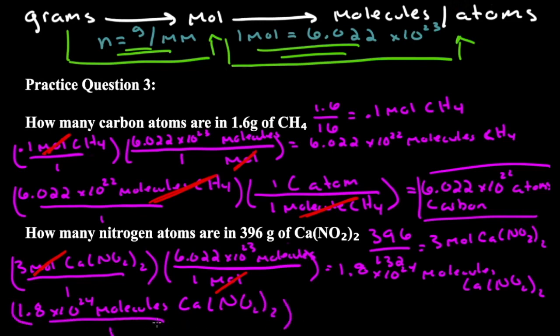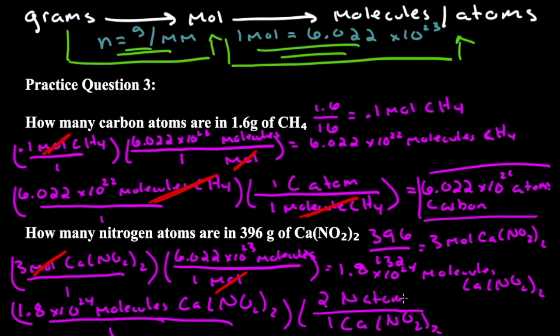And then we're going to say that for every one CaNO2, we're going to have 2 nitrogen atoms. So we have 2 N atoms. And so when we do this, the molecules in here and here will cancel out, and we'll be left with atoms right here.